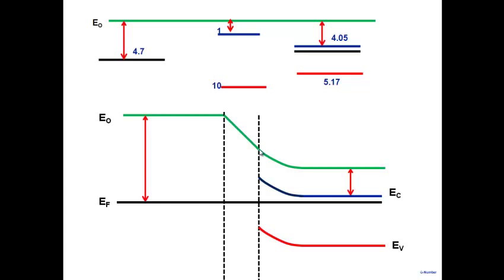There cannot be a discontinuity in the vacuum level, so it will go here and join up with this one. Now that I know this one, I can locate 1 eV below the EC of SiO2 and the EV of this one here, and your energy band diagram is complete.